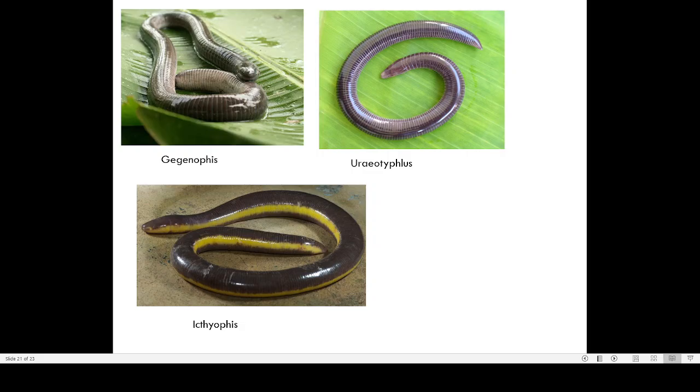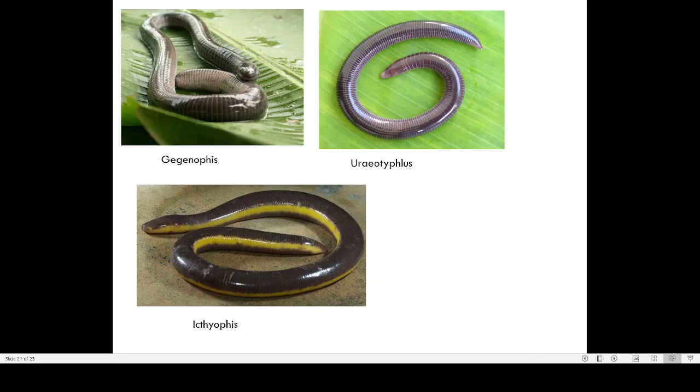This Ichthyophis is present in the Kerala region. Sometimes if you closely examine the animals, even from a rubber estate, you may be able to find Ichthyophis. It's a very small snake-like animal, around 1 foot in length. It's not a small animal like an earthworm, it is bigger, almost the size of a small snake.